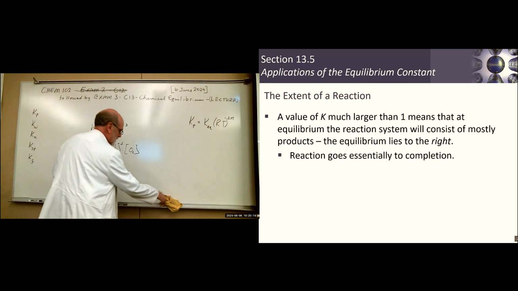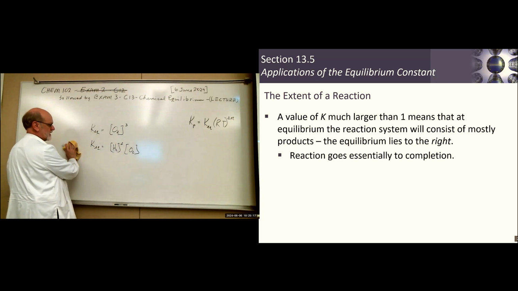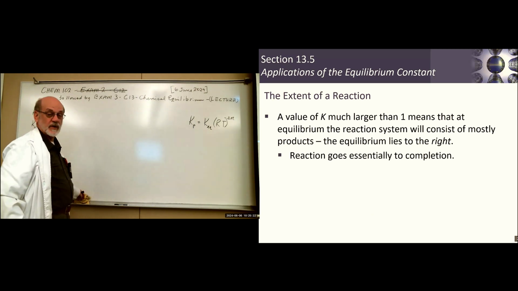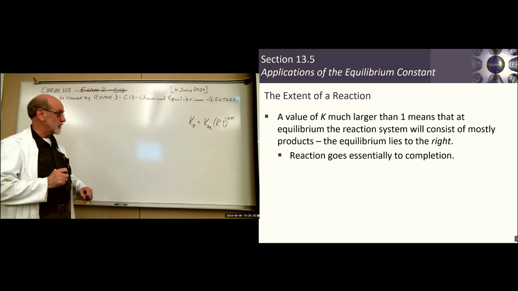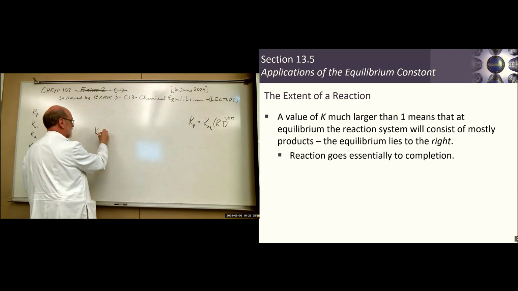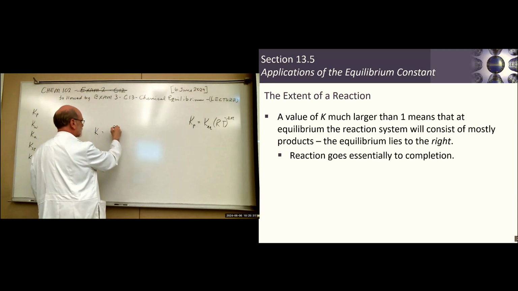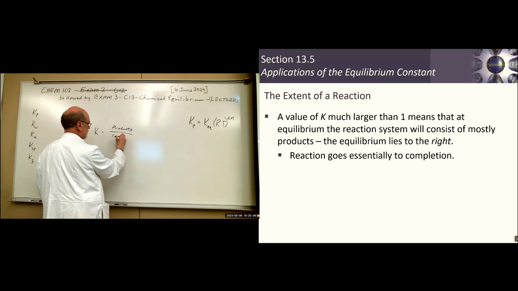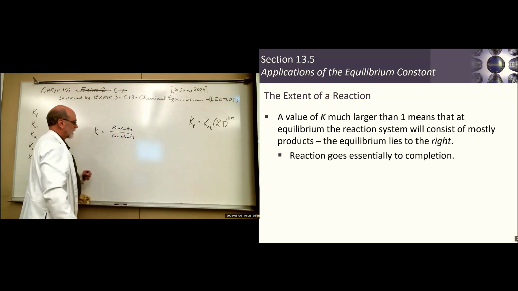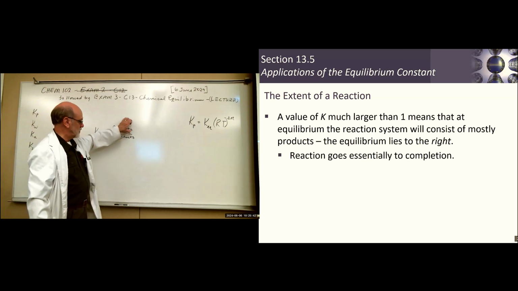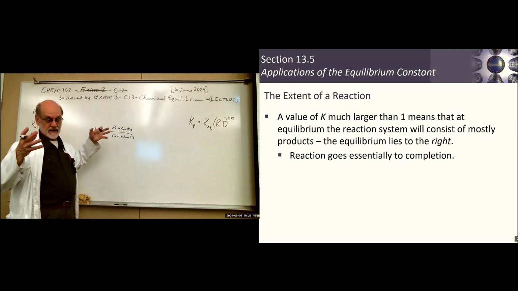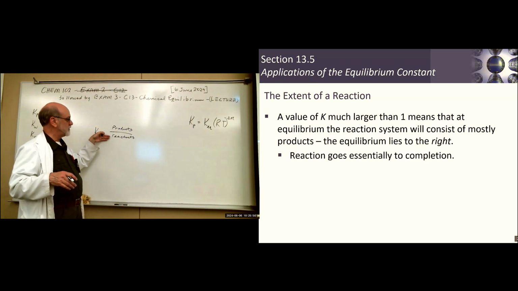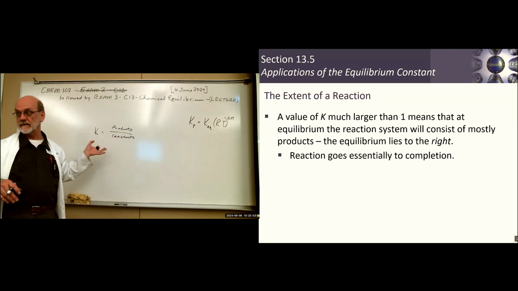So we can qualitatively assess the expected extent of a reaction based upon its K value. Because if the K is equal to products divided by reactants, then if the calculation of this value with all of its terms is equal to this value with all of its terms, then K is going to be 1.